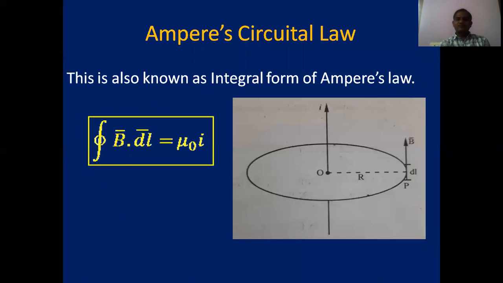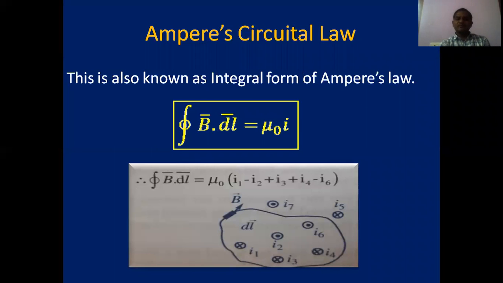So here you see this figure. What is this? So here I1, I2, I3, I4, I6 are currents enclosed by the closed path, and I5, I7 currents are outside of the closed loop.